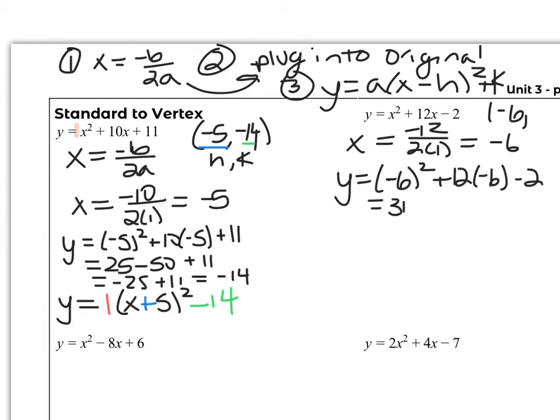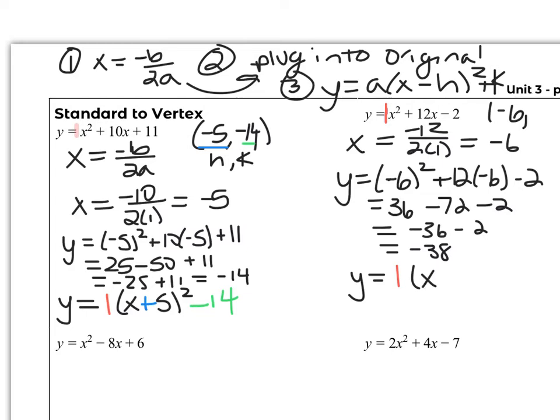So 36 minus 72 minus 2, that will give me negative 36 minus 2, which is negative 38. So y equals, same a value, so my a was 1, x, opposite of our h, which was negative 6, squared minus 38.